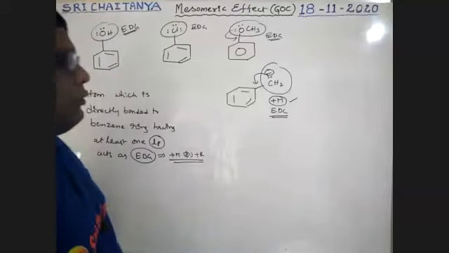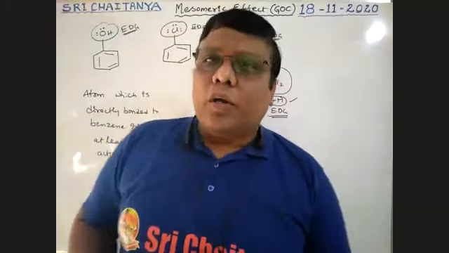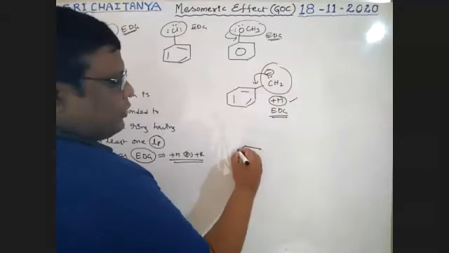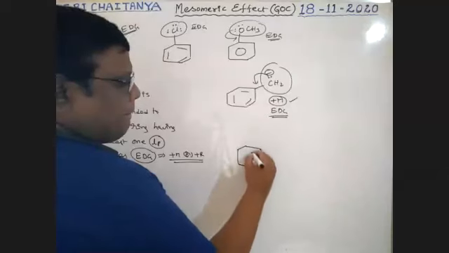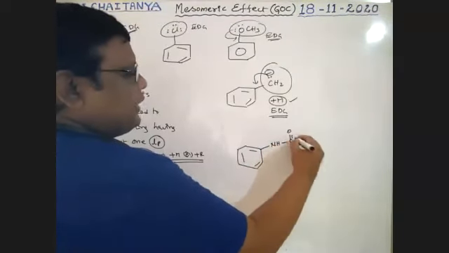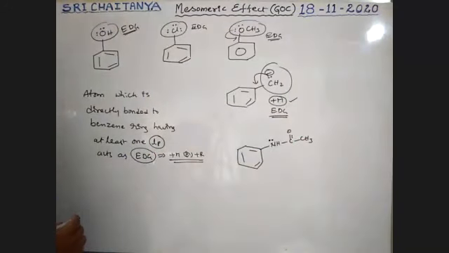Okay. So now, this is about electron donating tendency. See here. What about this? NH C double bond O CH3. So this is nitrogen. Nitrogen has a lone pair, boys.